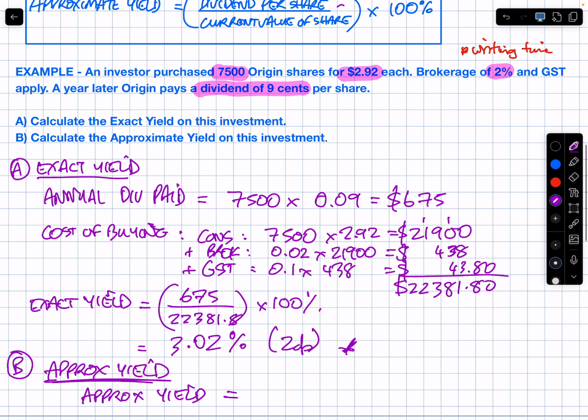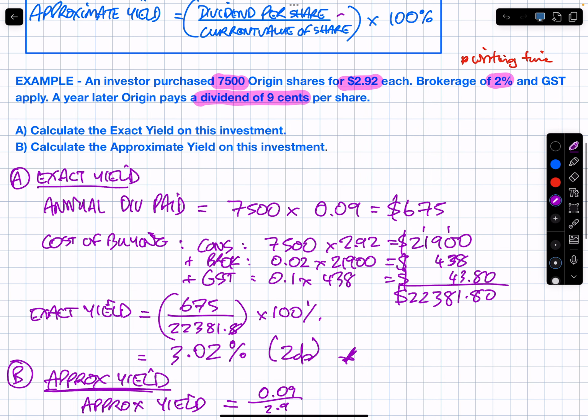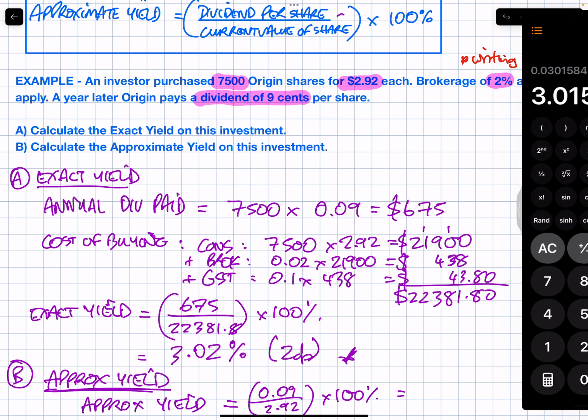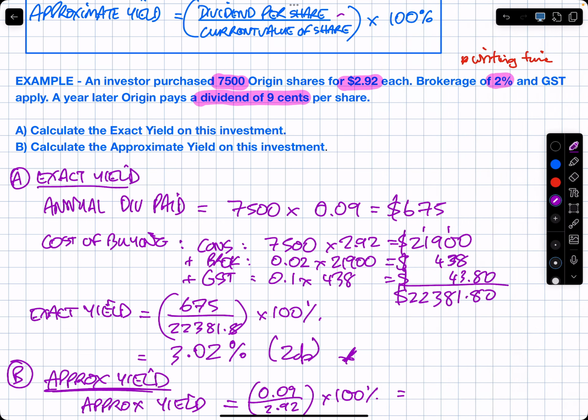The dividend per share was 9 cents, 0.09, over current value of the shares, which was $2.92. Times that by 100%. 0.09 divided by 2.92 times by 100%. 3.08% to 2 decimal points.